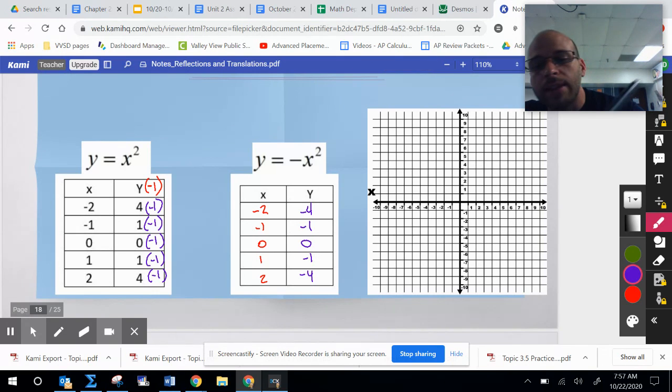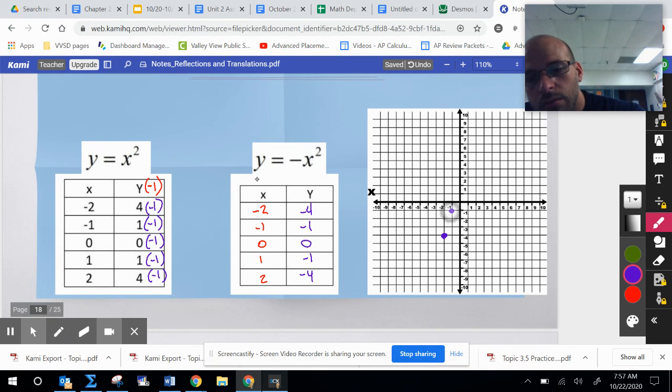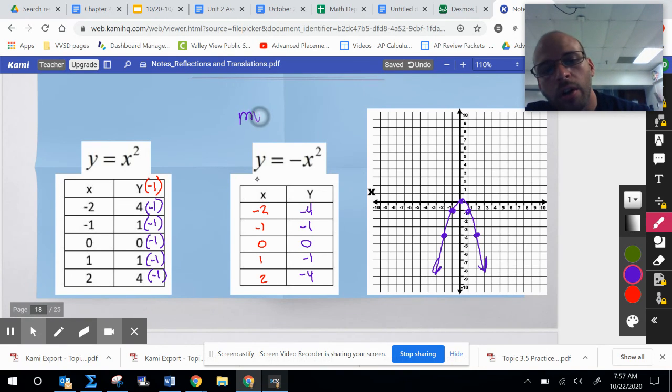So now I can plot those points. -1, 0. And it gives me the quadratic that is upside down. So again, when we have this negative, we are going to multiply all y values by a -1.